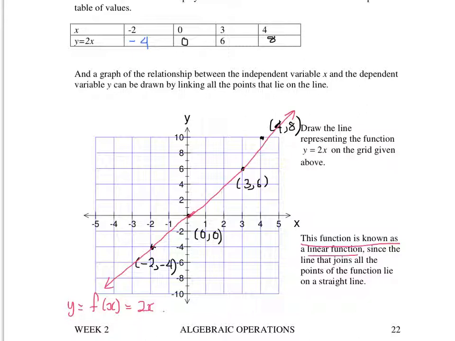That means it's a straight line. And notice it's an oblique straight line, and that the straight line also joins all points of the function. So now if I want to assign any particular value to x, I can also predict the value of y that corresponds to it.